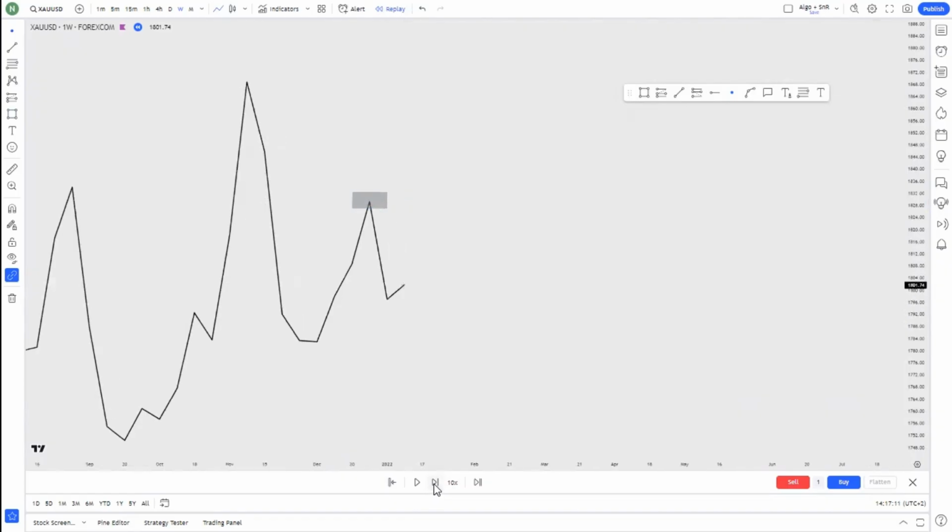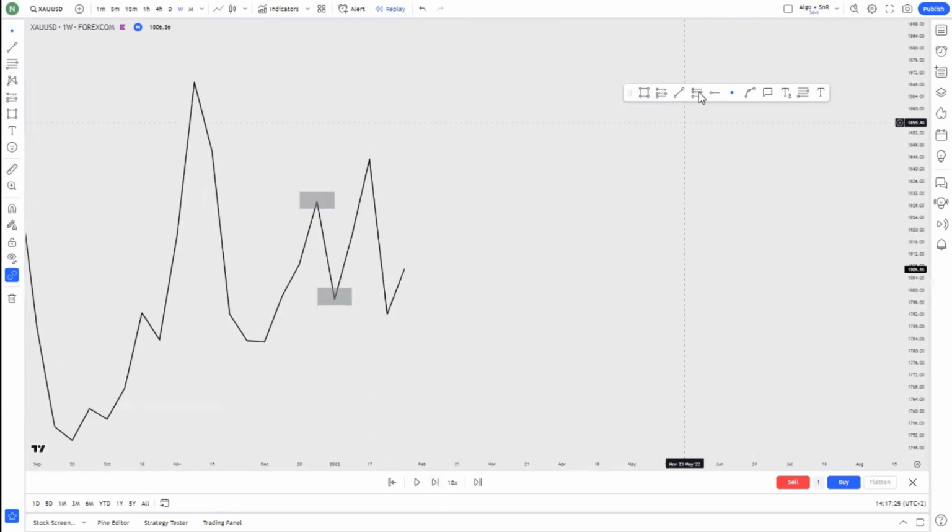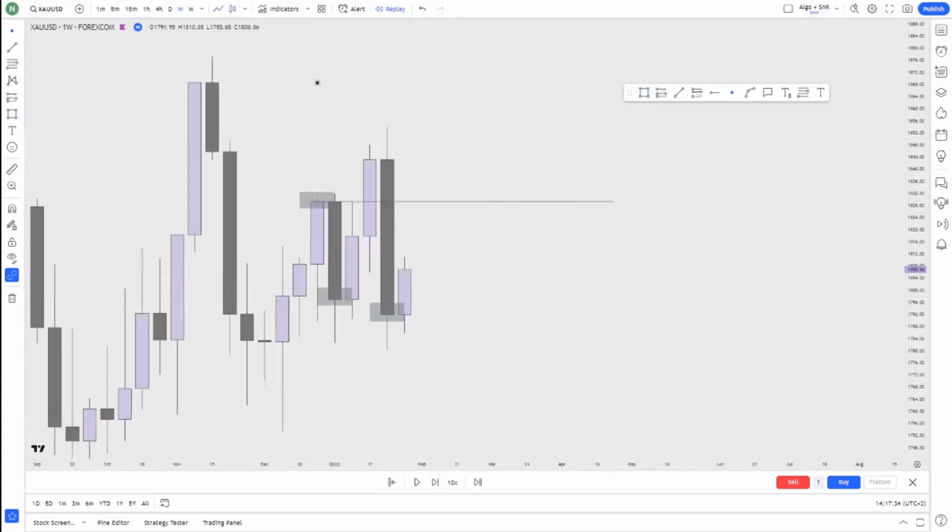So that A is irrelevant for this example. But after, we have what? We have a V. So as we have this V, the market closes below right here. So this becomes what? Left shoulder. As you can see, left shoulder.